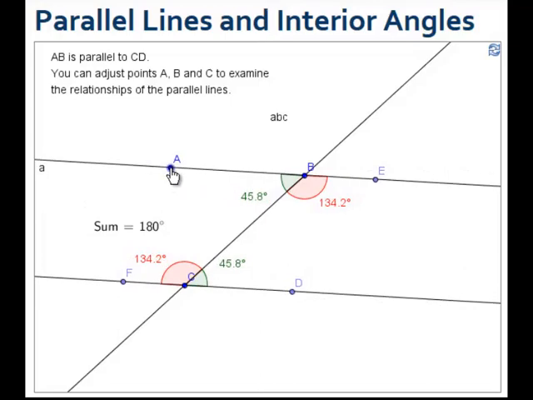Even as I move them, they adjust accordingly. So 134.2 plus 45.8 is 180 degrees. Same thing on the other side. So same side interior angles are supplementary. If I went to same side exterior, this would be like the pinkish or reddish angle, and this would be like the green, and I would find that the same thing is true.